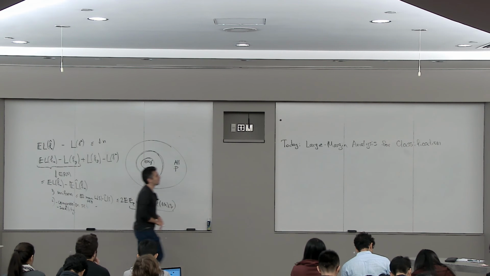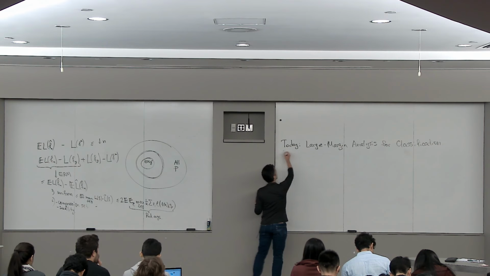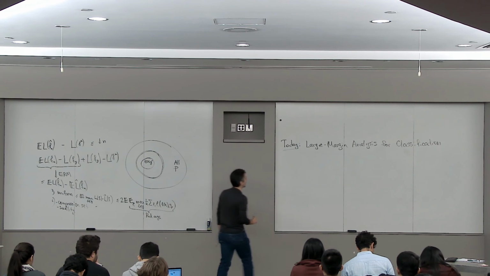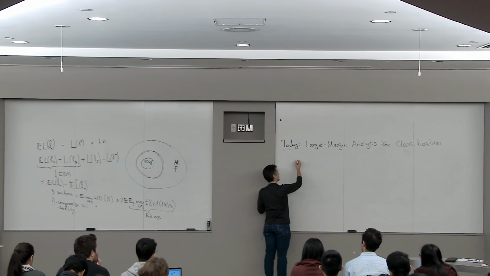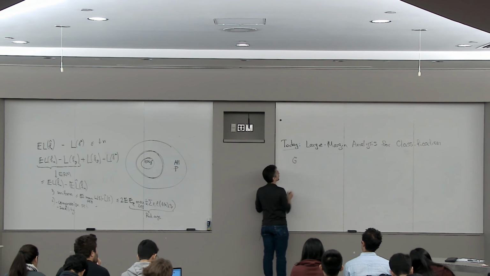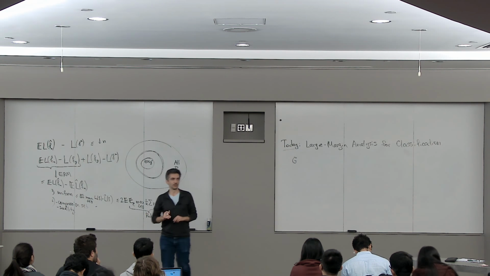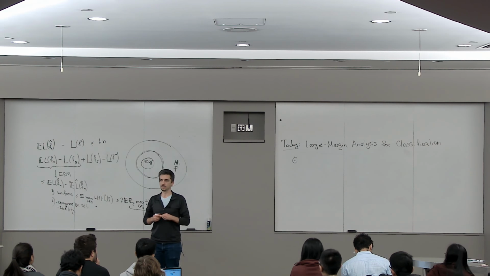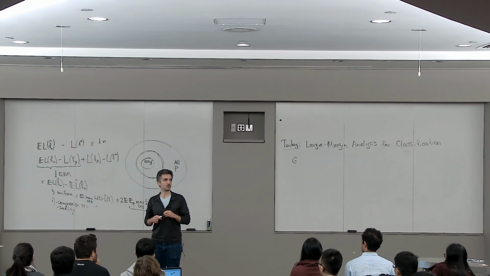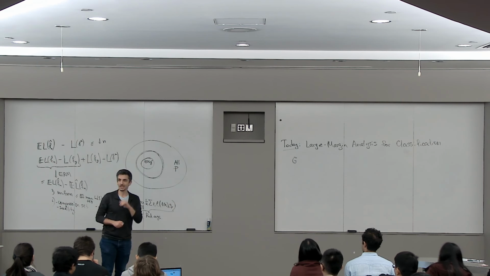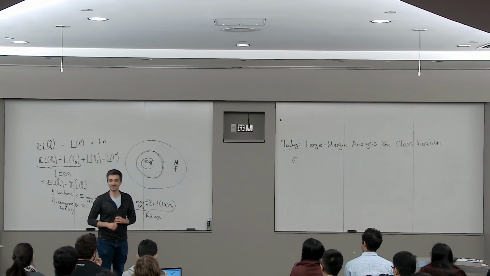One result which I maybe mentioned in passing, but I didn't spend too much time on. If you look at a class G, so who does not know what a VC dimension is? 1, 2, 3, 4. Okay. It's some measure of complexity.